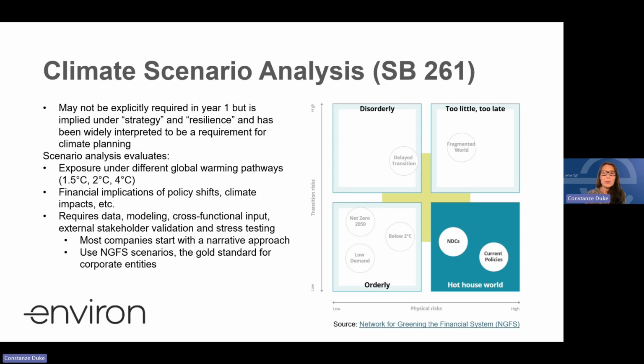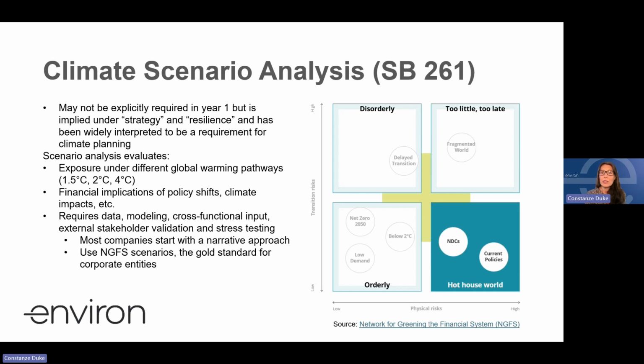So even though SB 261 doesn't say you have to do climate scenario analysis, it is implied by reference to TCFD. That said, climate scenario analysis can be really challenging to do in less than 4 to 6 months. So if you haven't started, I would say the two best options are to either limit scenarios for the initial report or include a justifiable reason for excluding it in year one.